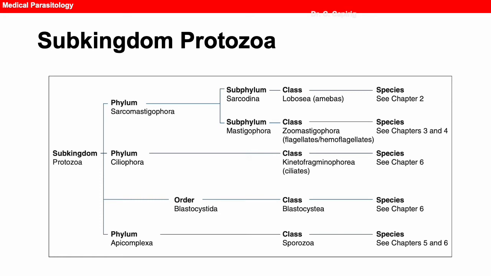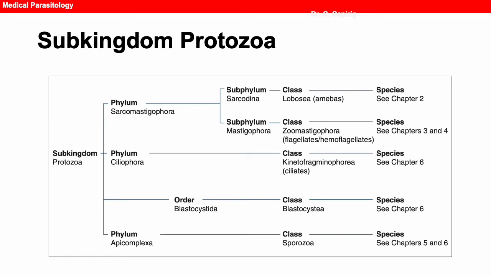For subphylum Mastigophora, it is further classified into the class Zoomastigophora, which includes the flagellates and hemoflagellates. An example of a flagellate of medical importance is Giardia lamblia, causing giardiasis. For hemoflagellates, the causative agents are the trypanosomes and the leishmanial species.